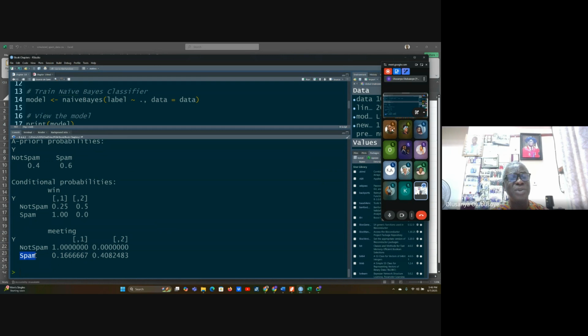What this is saying in essence is that if it's spam, there is about a 70% chance it will have the word meeting in it, and about a 41% chance that it will not have the word meeting.